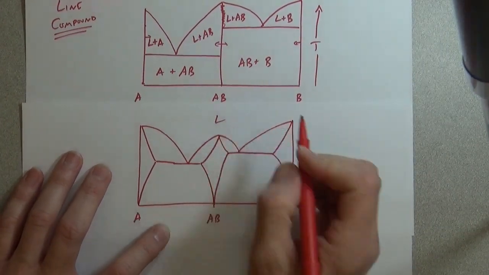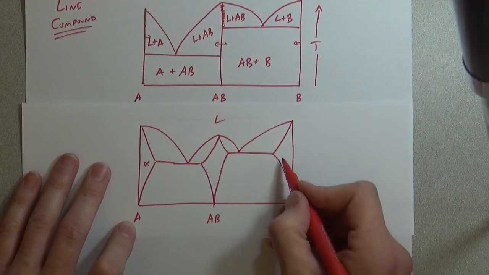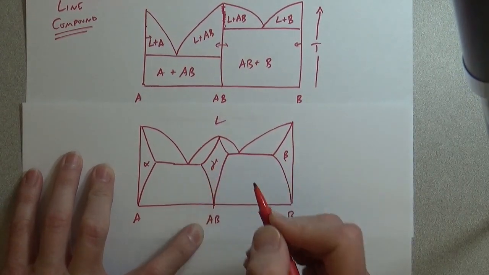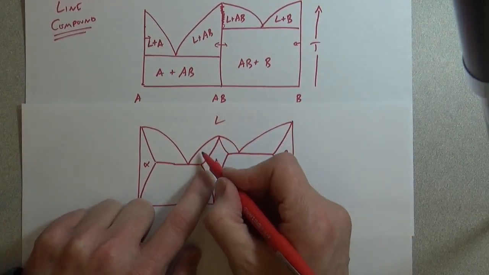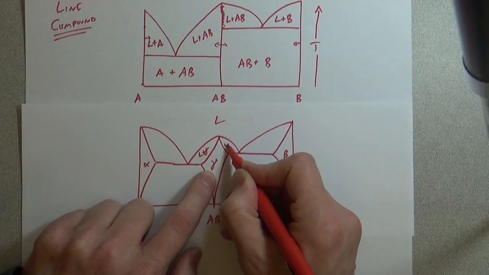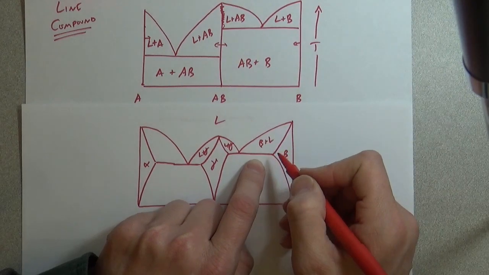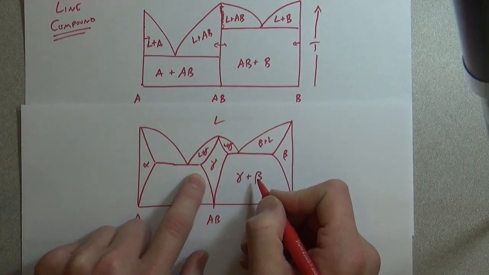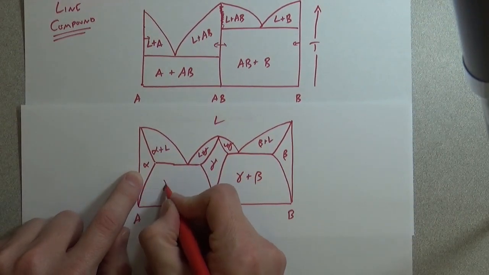Okay, so we still have liquid. Now we have A with an alpha solid solution, B with a beta phase solid solution, AB, let's call that gamma. So that's another solid solution. We have gamma and liquid, which means here we have liquid plus gamma, again liquid plus gamma. Here we have beta plus liquid. Here we have gamma plus beta, alpha plus liquid, gamma plus alpha.